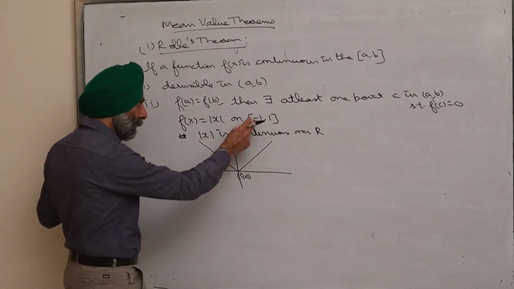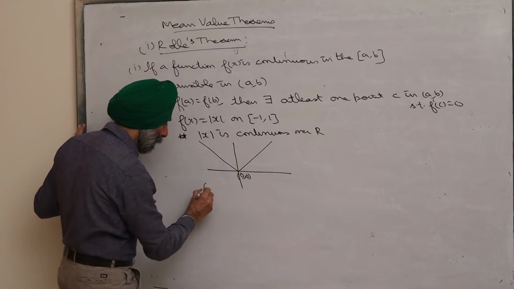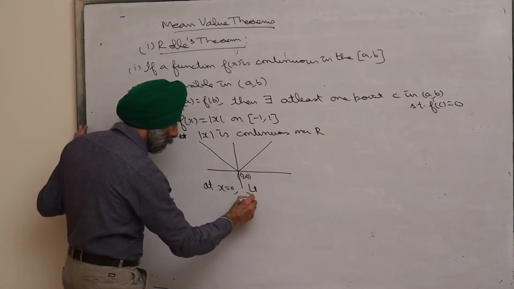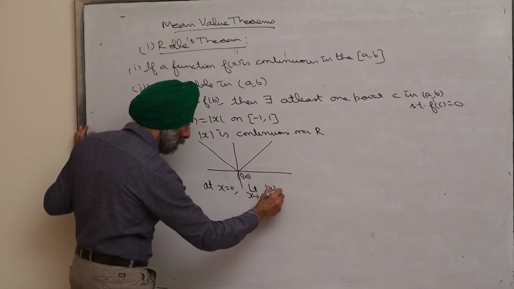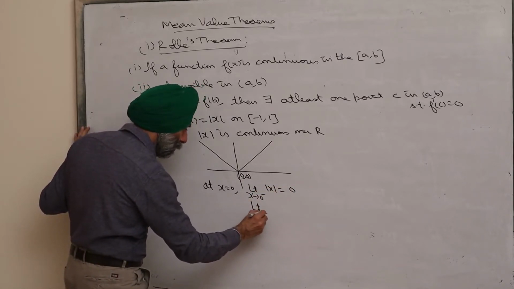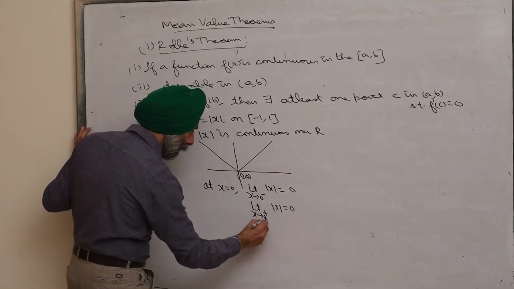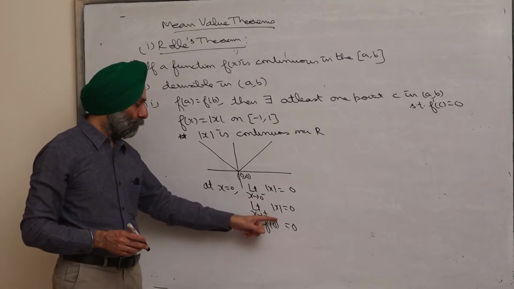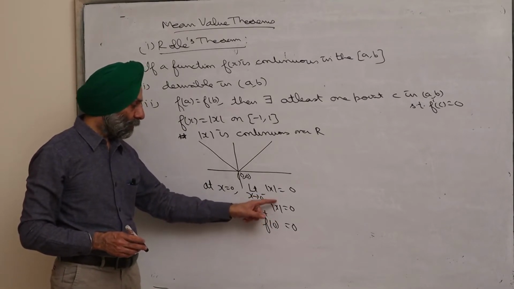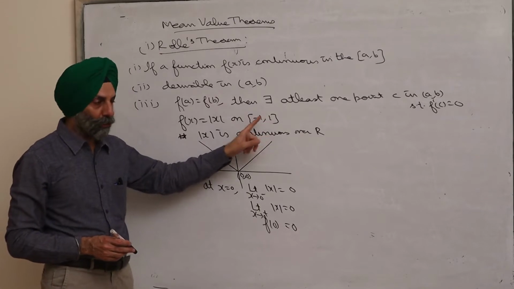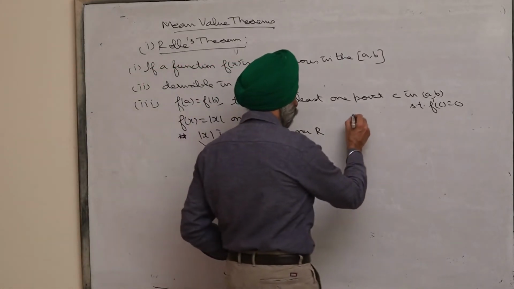You can show that at 0, the limit as x approaches 0 from the negative side of mod x is equal to 0, the limit as x approaches 0 from the positive side of mod x is 0, and f(0) also equals 0. Which clearly shows that the function is continuous over the closed interval -1 to 1.